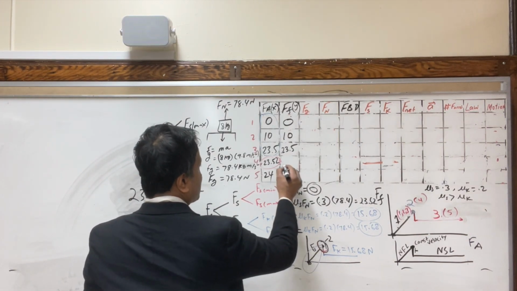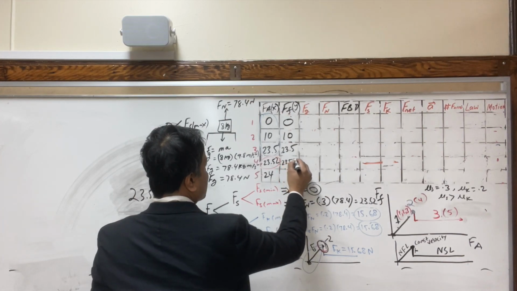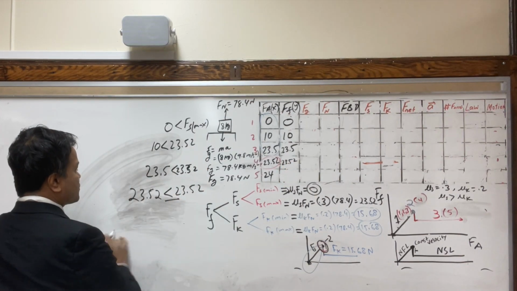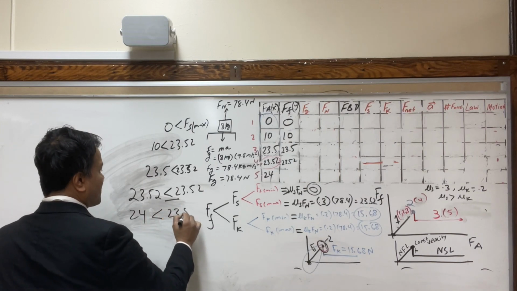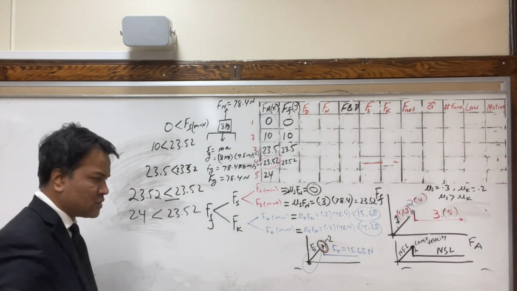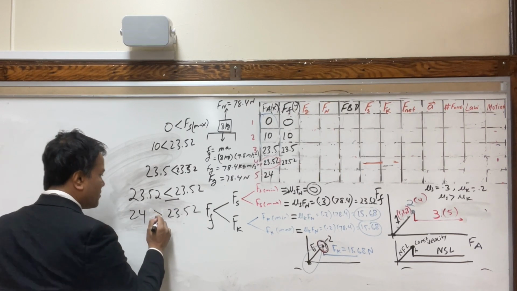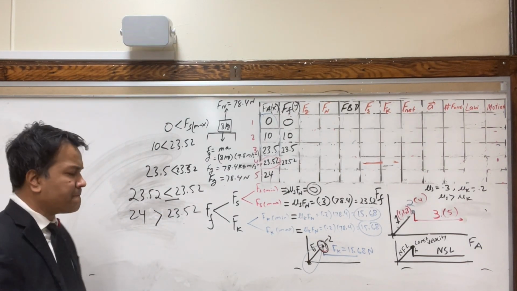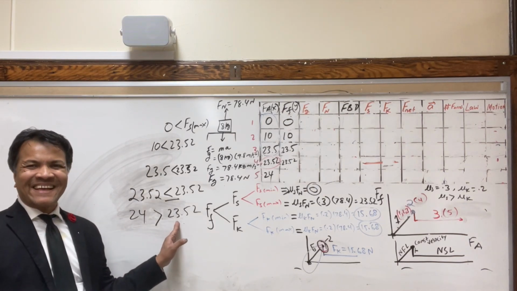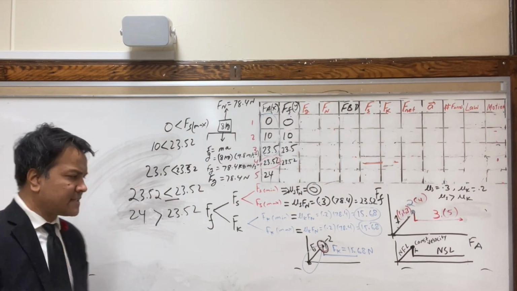Alright, so is 24 less than 23.52? Well, no, 24 is more than that. If this is the case, then the object accelerates. Why is that?